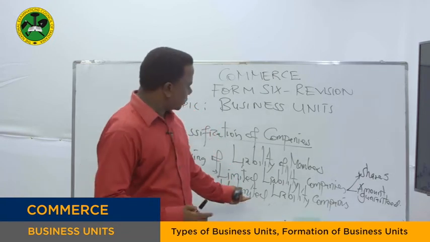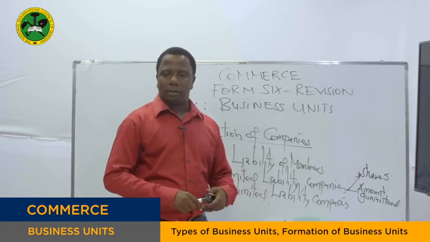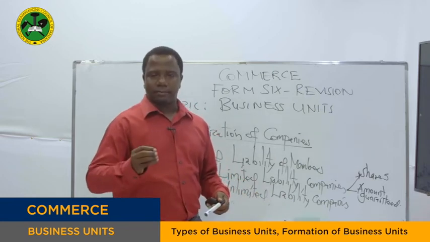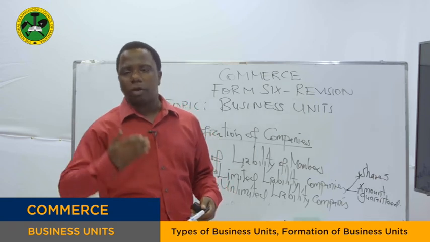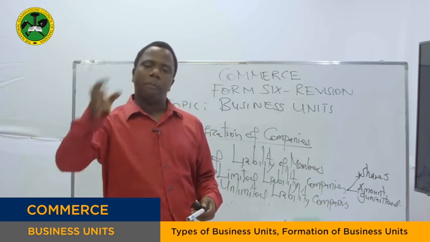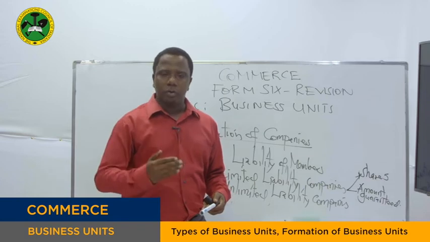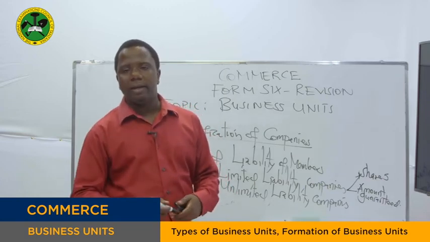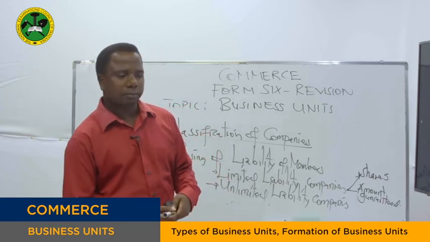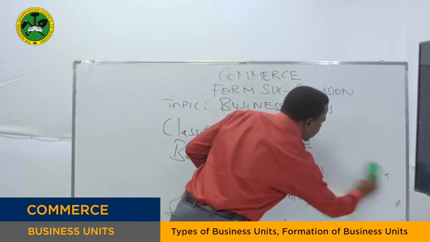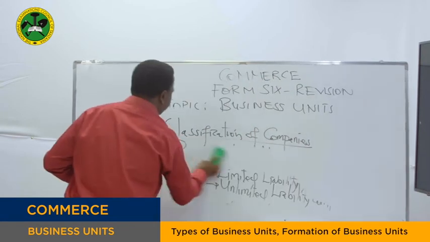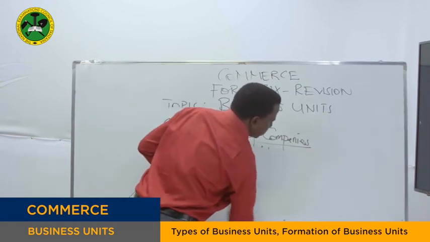It means there is no way your assets are excluded from the debts of the company. So your personal assets can be used to pay debts of the company. So another classification can be based on incorporation.